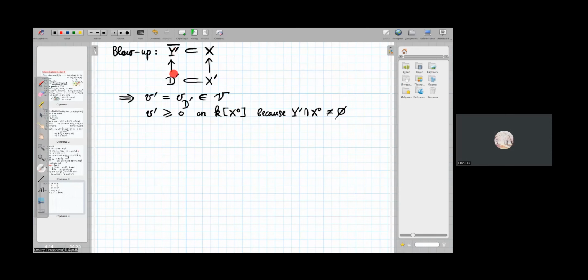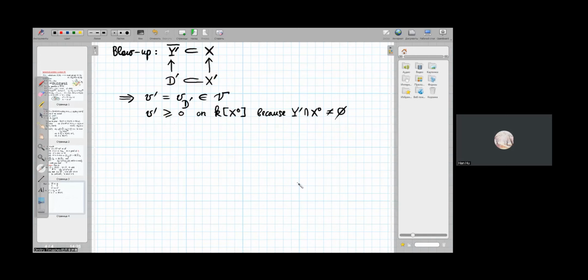And therefore, the pullback of this function to X prime, which is the same rational function because all these varieties contain one and the same open orbit Y naught, so all these morphisms are birational, will be defined on an open subset intersecting this divisor, because this divisor is the inverse image of this one. So therefore, this function has no poles along this divisor, and this means exactly this inequality.